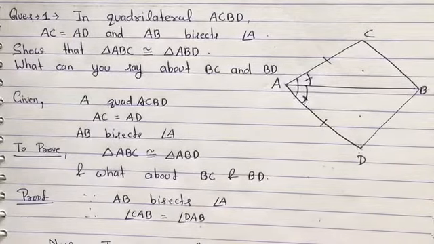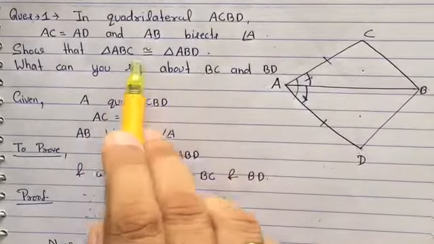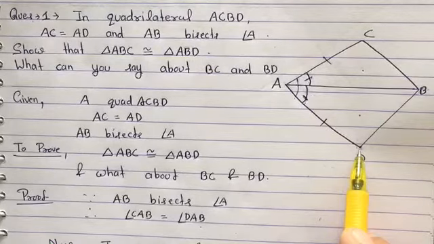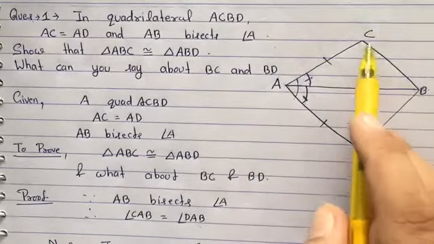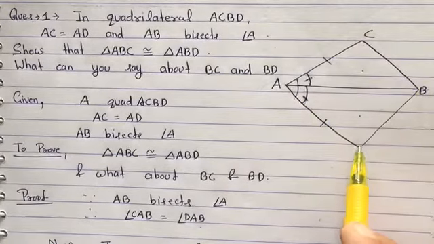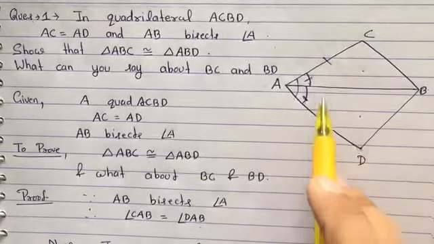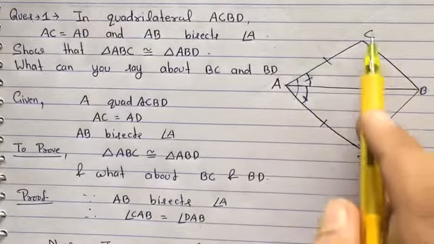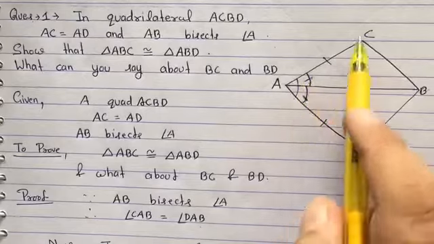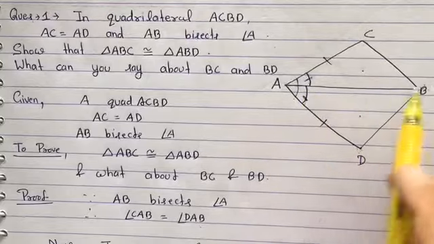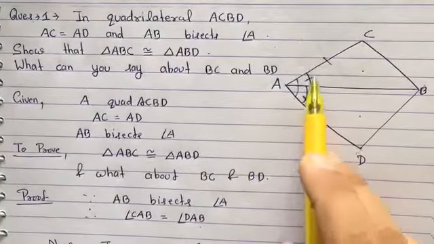After this, we are going to consider both the triangles which we have to prove congruent, meaning triangle ABC and triangle ABD. In triangle ABC, this AC, and in triangle ABD, this AD, both are equal to each other. First thing. Second, in triangle ABC, this angle, angle CAB, and in triangle ABD, this angle, angle DAB, both are equal.